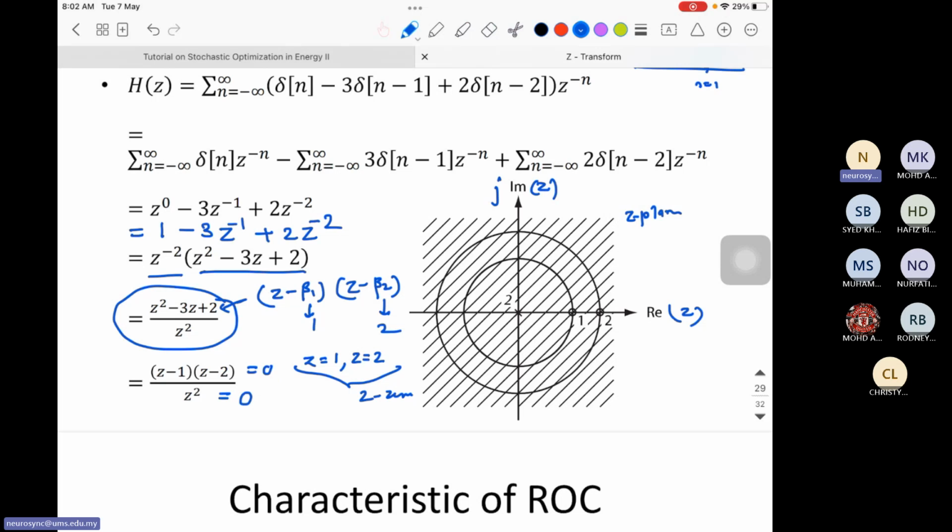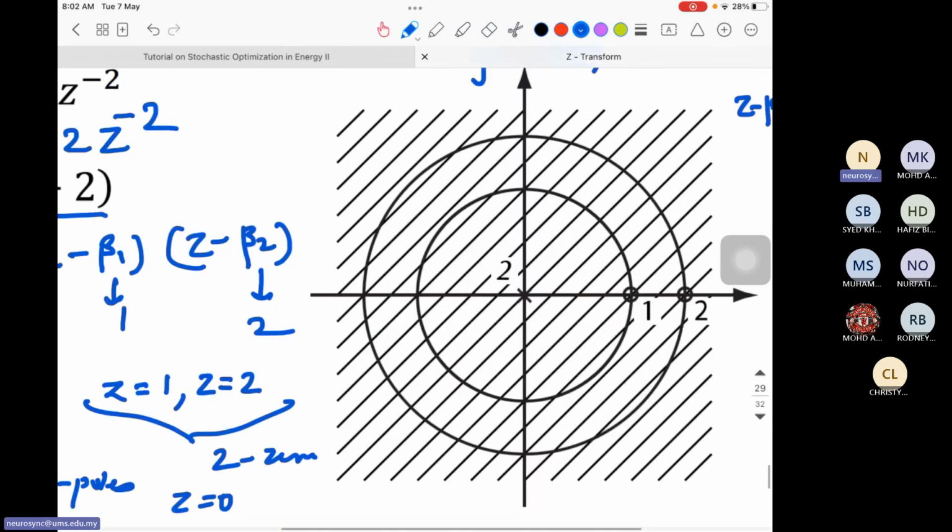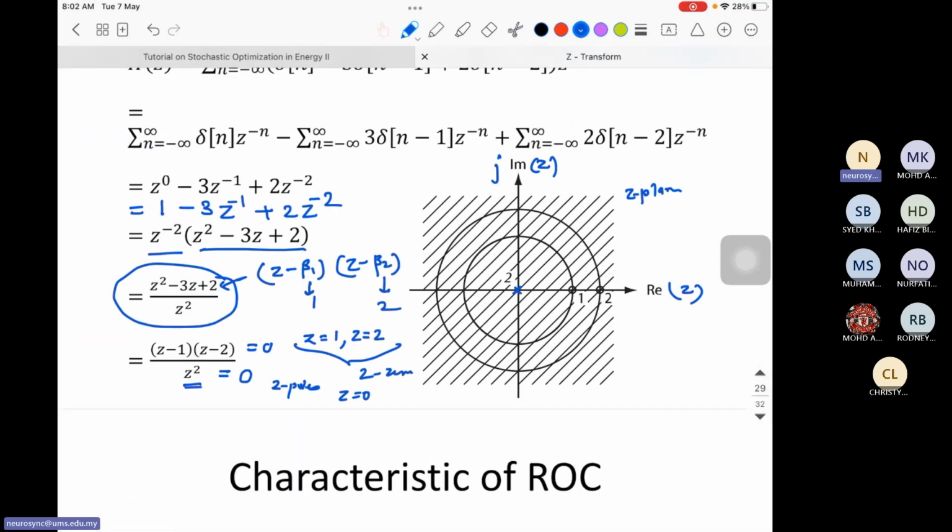Okay, so for poles, again the polynomial is of power 2, so there are two poles, but at what location? z equal to 0. This is z square only. So we have two poles at z equal to 0. This is represented with this, and 2 is written here. That means we have two poles at the origin.